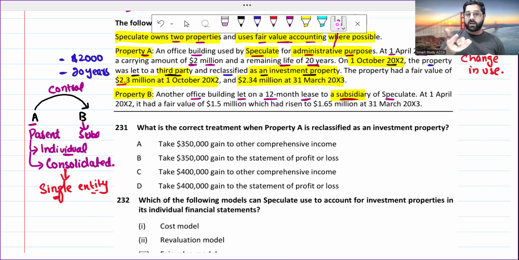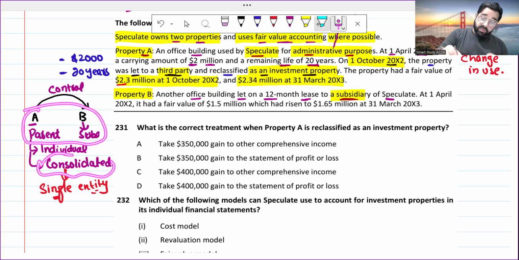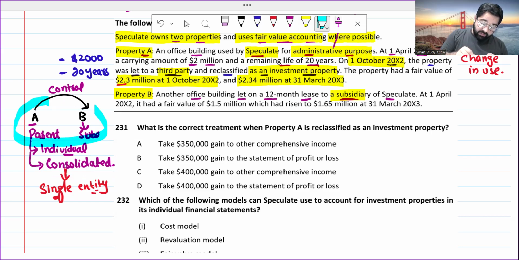You may write it down on your page as well. The general rule for consolidation is that the parent company and the subsidiary company, meaning the complete group, A company and B company, form a group. The complete group is always treated as a single entity.